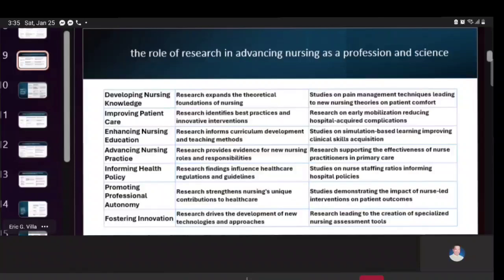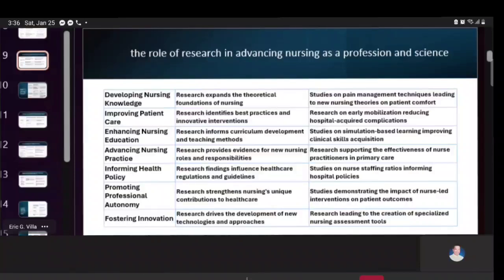By conducting and applying research, nurses strengthen their professional autonomy and unique contributions to healthcare. Studies demonstrating the impact of nurse-led interventions on patient outcomes have reinforced the critical role of nurses in the healthcare team, thus supporting the expansion of nursing roles.